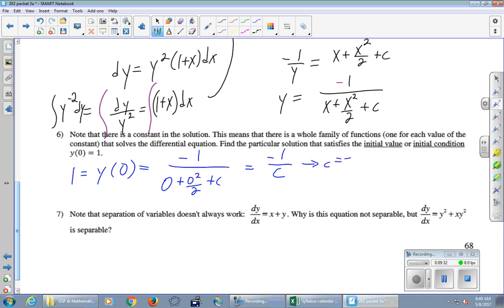C is negative 1. It's tempting to stop there and say we're done. C is negative 1, but we're looking for a solution to the differential equation. So we have to go right back here, rewrite that whole thing, but change the c to negative 1. That's it.